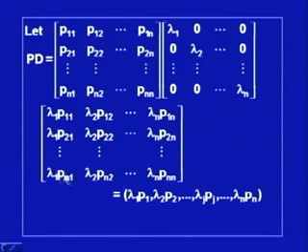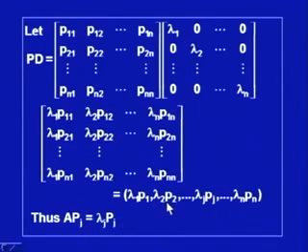Then we can rewrite this matrix as a row matrix, where lambda 1 p1 is the first element, lambda 2 p2 is the second element, and so on. What is p1? p1 is actually a column vector. So, p1 is nothing but the first column vector, p2 is the second column vector, and pn is the nth column vector of this matrix. So, we have simplified PD in this form.